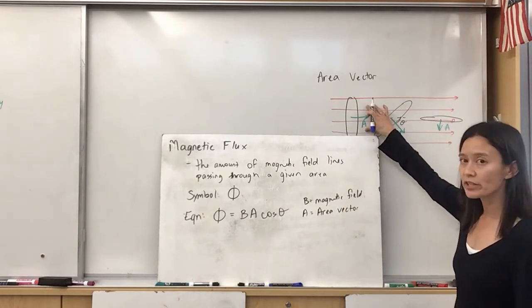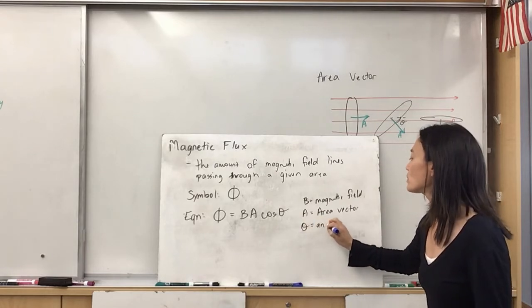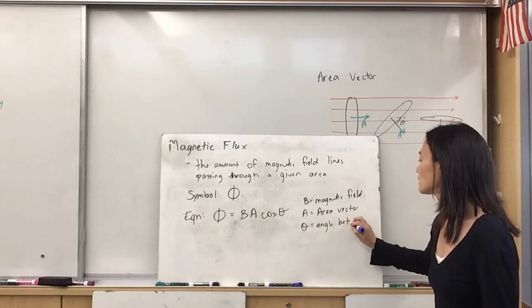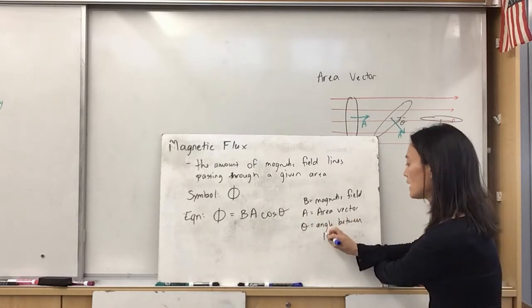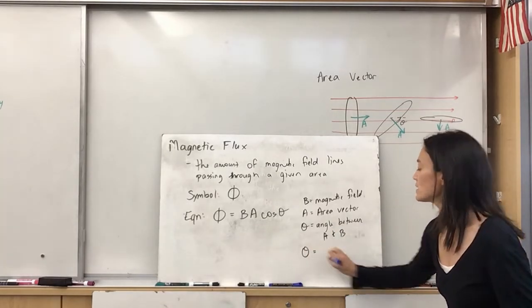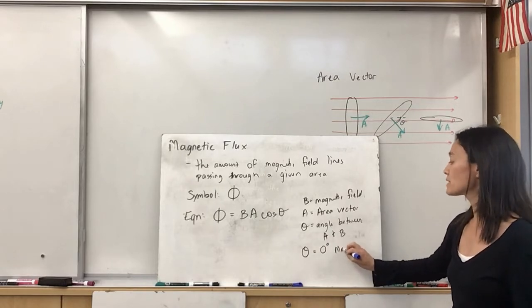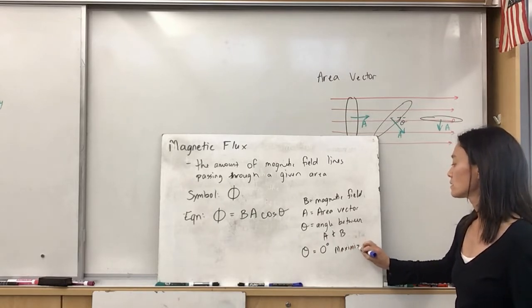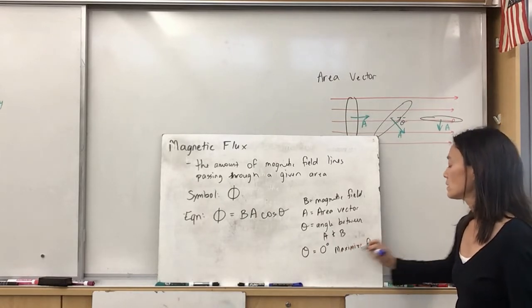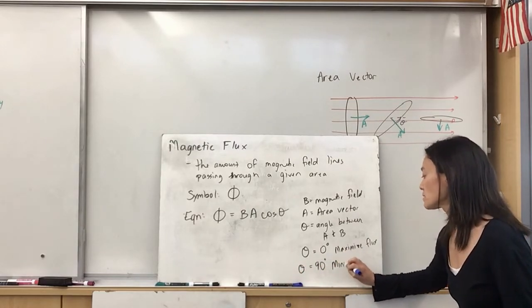The bigger my area vector is, the more field lines can pass through that area. And then theta is the angle between A and B. So when theta is equal to 0 degrees, I maximize the flux. And when theta is equal to 90 degrees, you minimize the flux. It's actually 0.